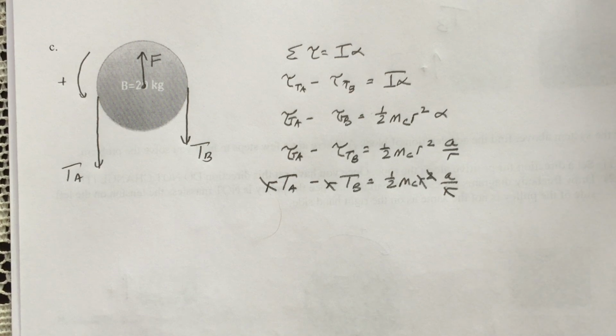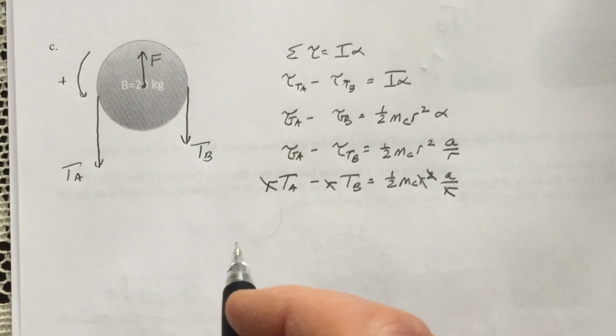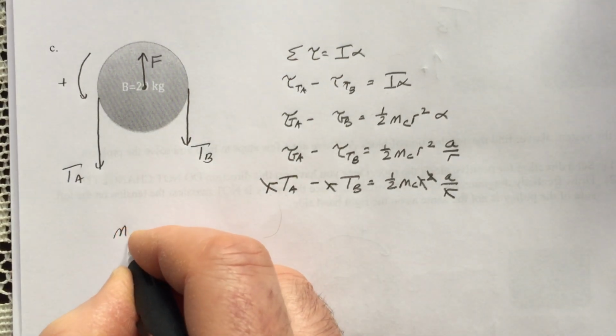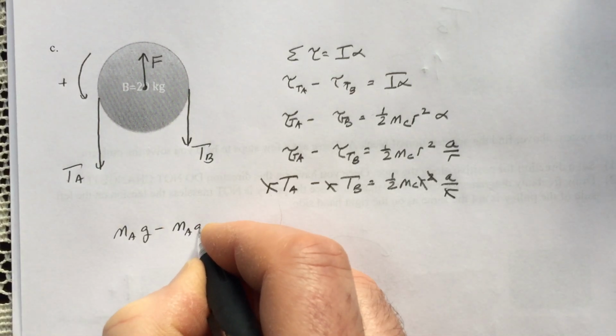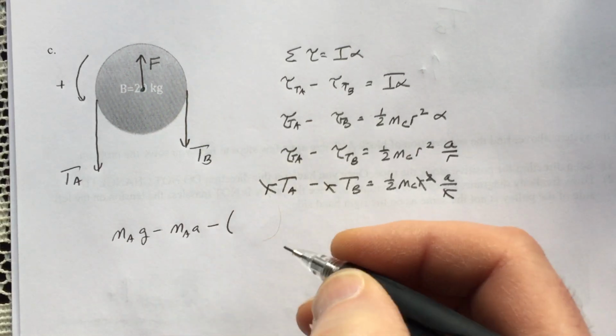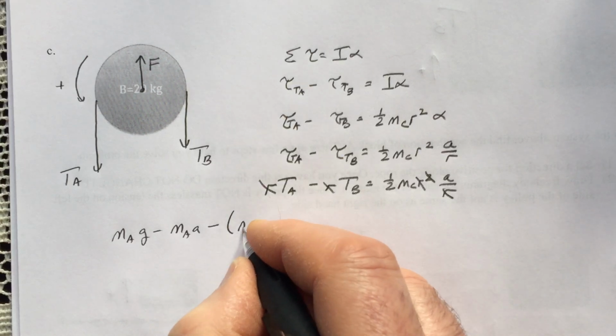Now remember, in the other side, we did our tensions and set up all our equations so they were equal to tension. So we can drop them in right here. From the first part, we knew that tension of A is equal to mass of A times G minus the mass of A times A. Minus the tension of B. Let's put a parenthesis on this because we tend to screw up our signs right now.